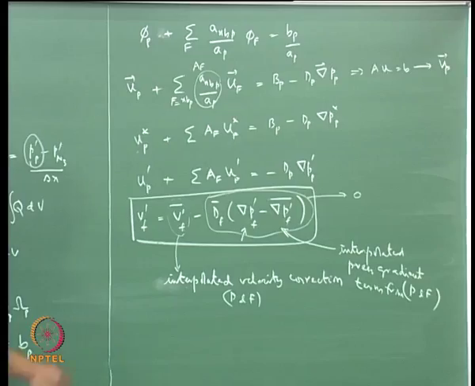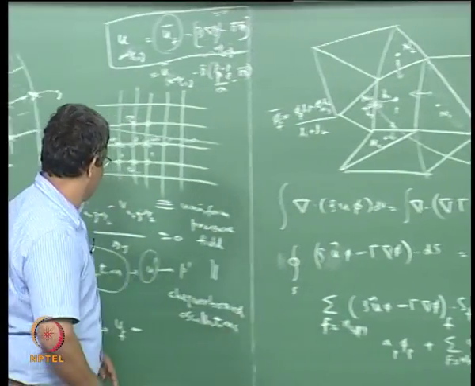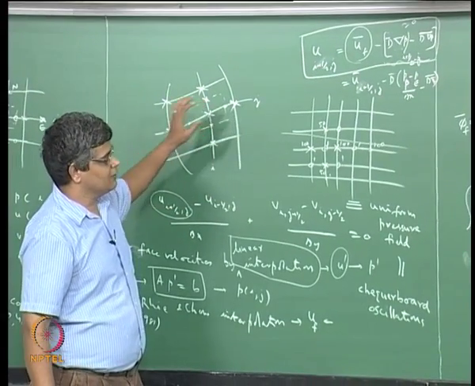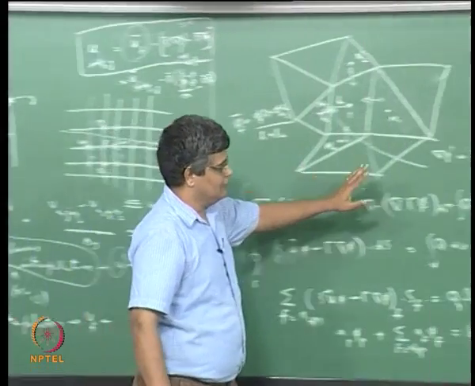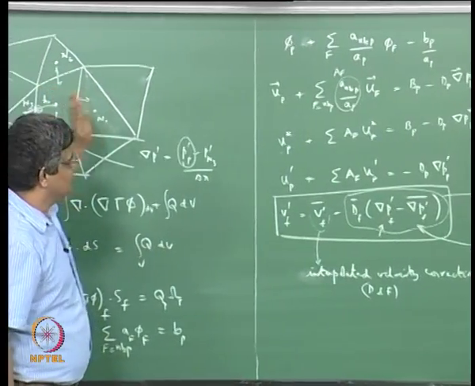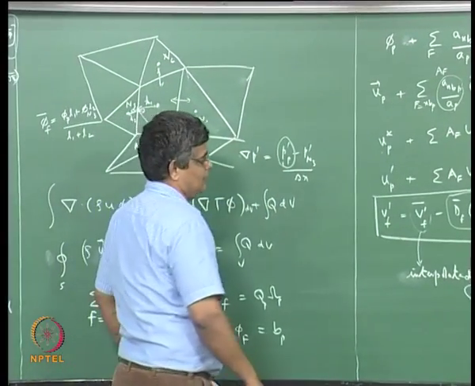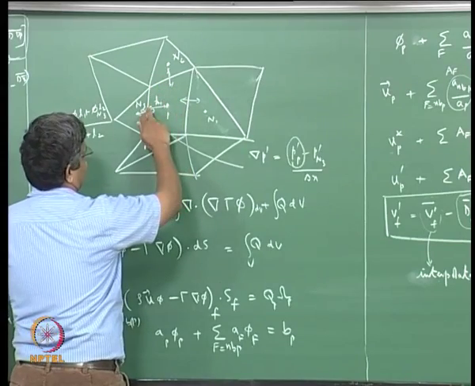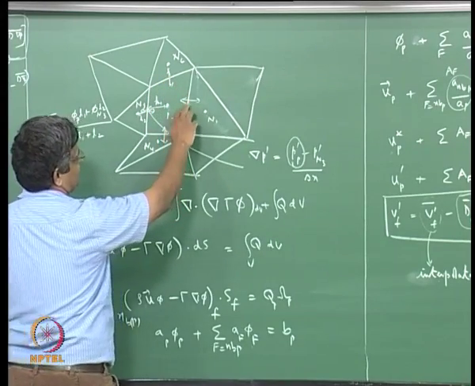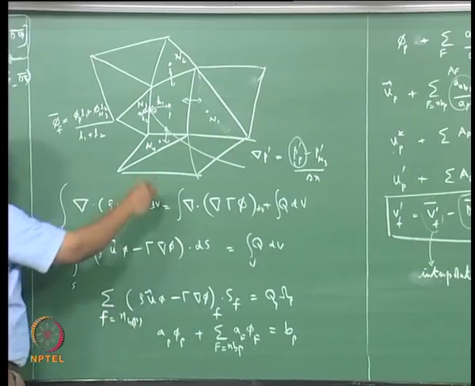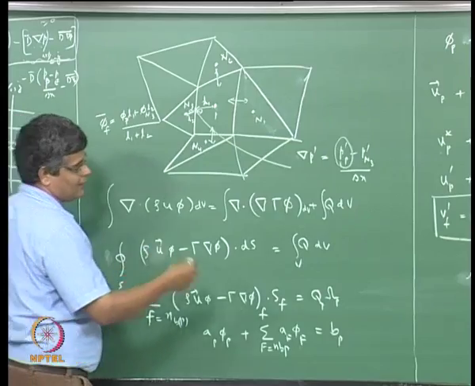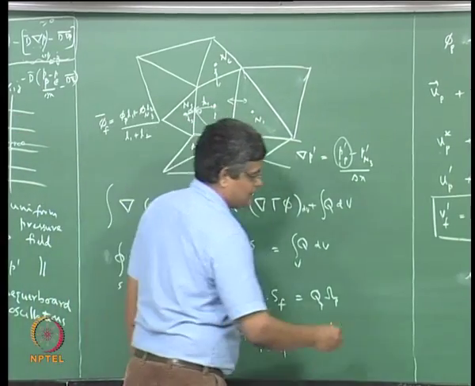So in this way, the extension of the Rhie-Chow method for the interpolation of the phase velocities can be readily done in the case of structured meshes in almost identical way in this particular fashion, and these interpolated velocities can be incorporated to discretize the continuity equation, and from which we can obtain the pressure correction equation.